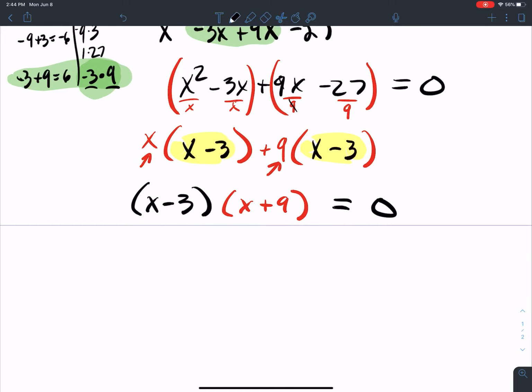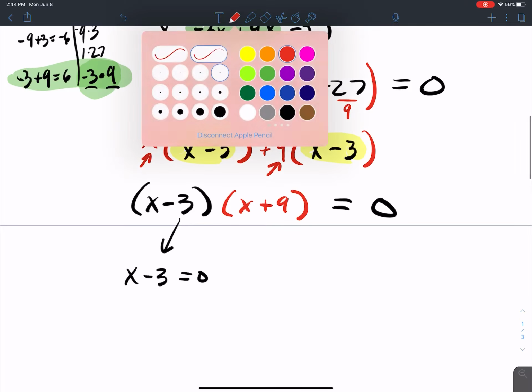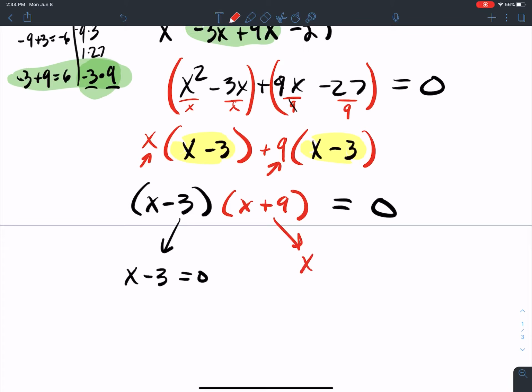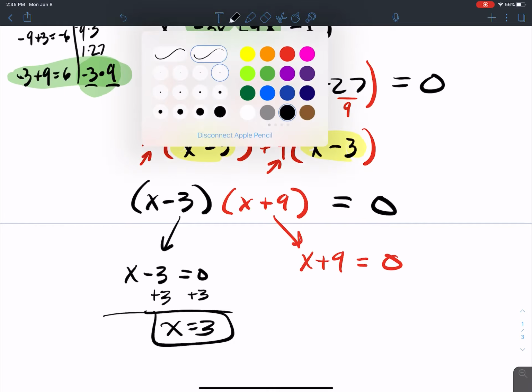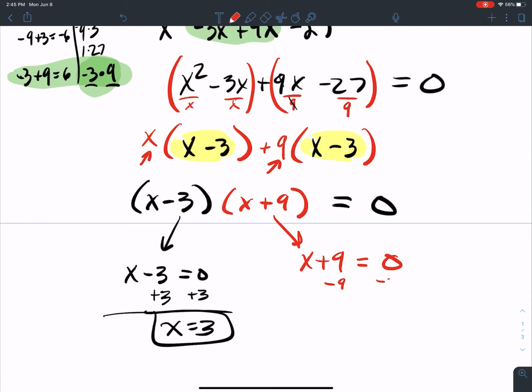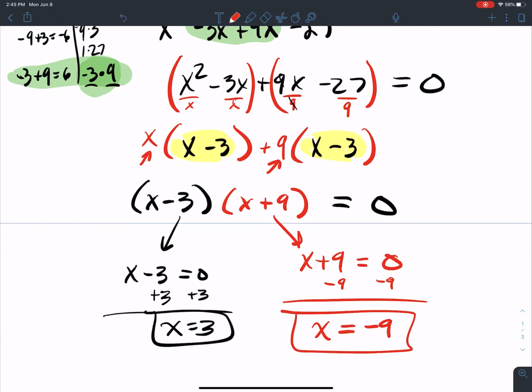So I set each piece, x minus 3 equal to 0 and x plus 9 equal to 0, okay? And so if I add 3, I get x equals 3. And then over here, if I subtract 9, I get x equals negative 9.